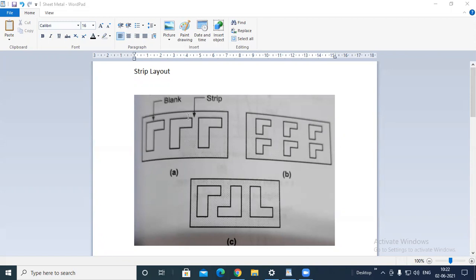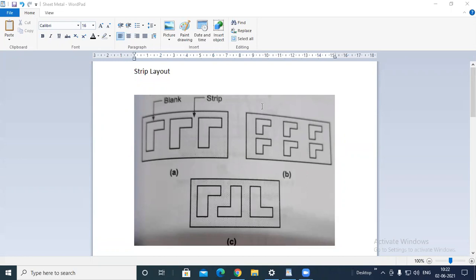In this case you can see one row of blanks. If we want such a single row of blanks, we insert this strip by a single pass. That means this is a single row, single pass design.